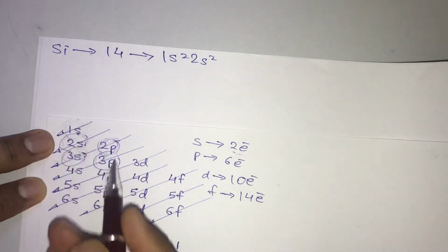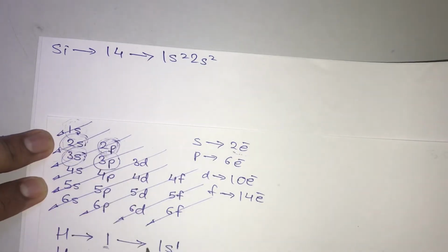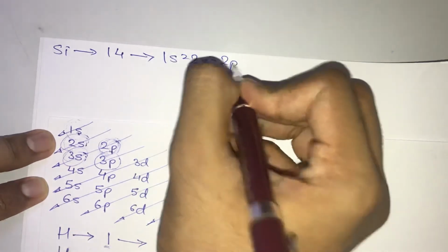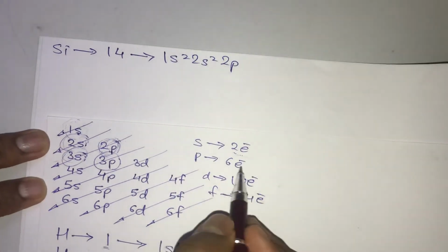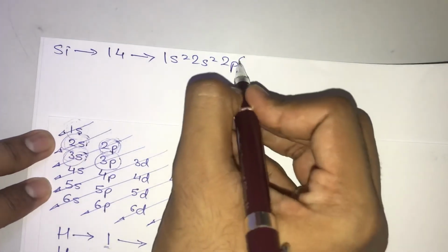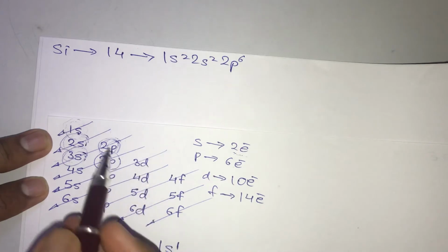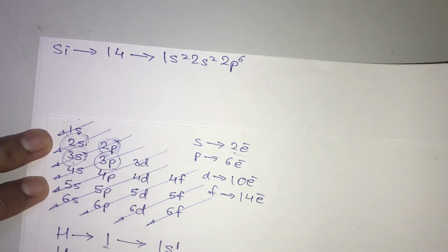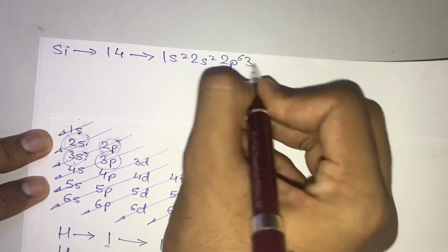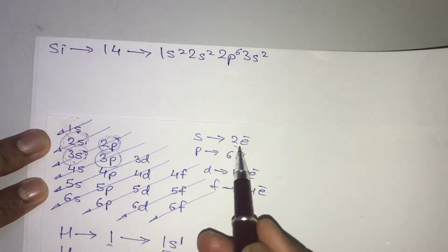So we move on to the third diagonal, where we first meet 2p. And as we all know, p can accommodate a maximum of 6 electrons. Therefore it is going to take 6 electrons out of the 10 remaining. Now still we are left with 4 more electrons. So for the 4 more electrons, after 2p comes 3s. Am I right? So you are going to write 3s2. Why 2? Because s can take a maximum of 2 electrons.